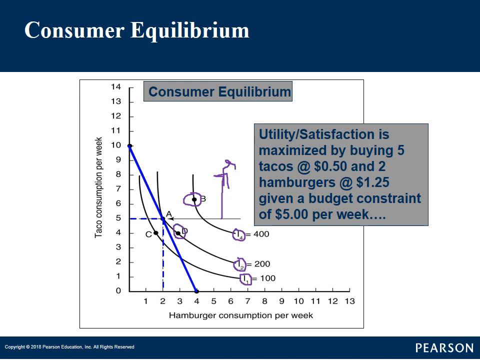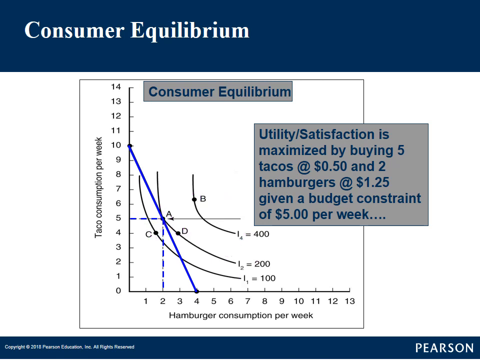Point D would provide the second most because it's located on this second curve. Point A provides just as much satisfaction as point D because it's along the same utility curve. And C would provide the least amount of satisfaction because it is lower and to the left. It's the lowest and most leftmost point on this graph.